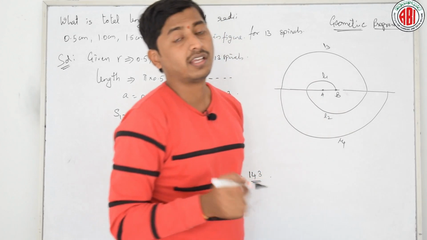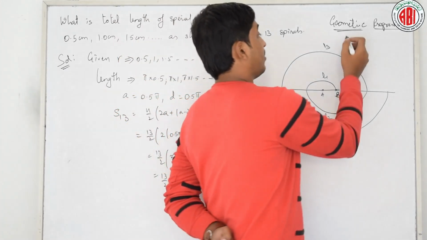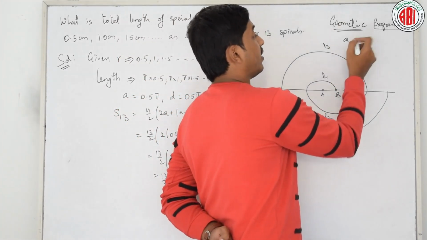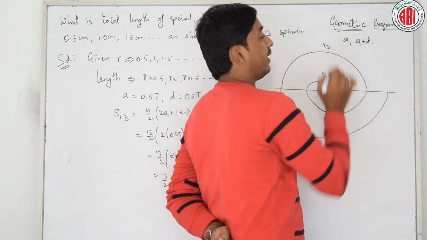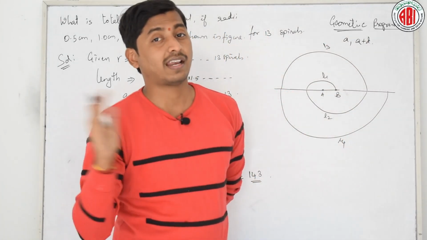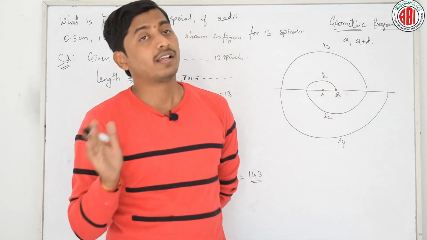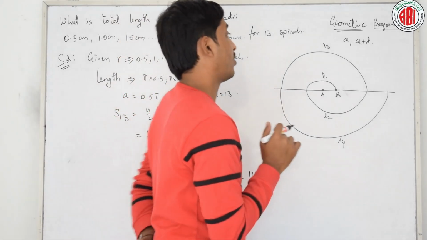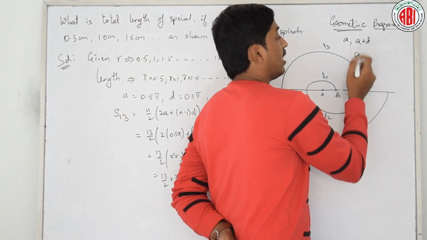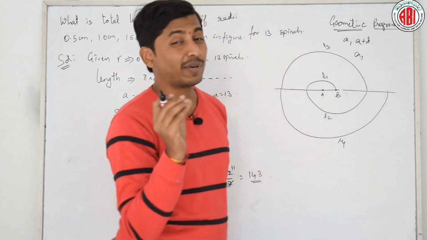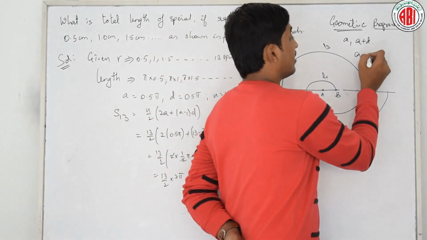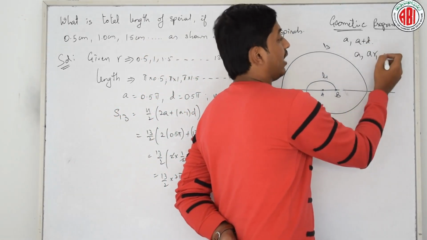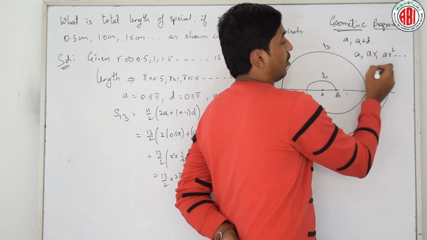What did we learn in AP? If the first term is A, then the next term will be obtained by adding D, which means either adding or subtracting, right? Whereas in geometric progression, if the first term is A, then the next term will be multiplied by a particular number, that is some R. Again one more R is multiplied and so on.